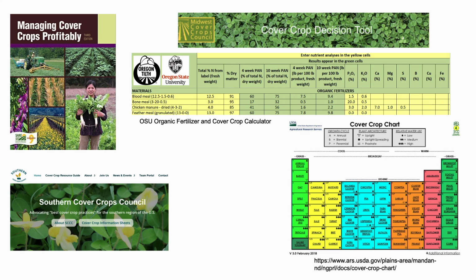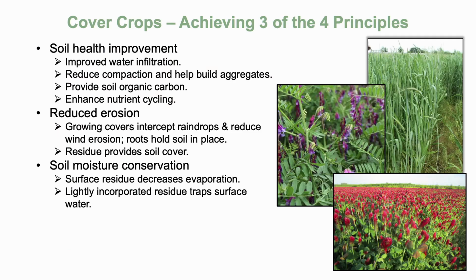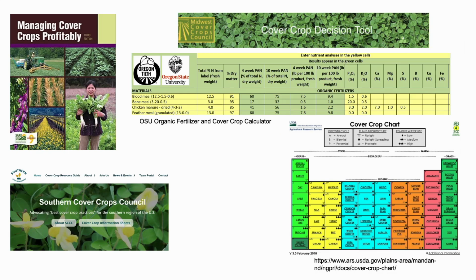So these guys put this together to say, okay, if you're growing this cover and you determine what the nutrient value is in that, what is the plant available nitrogen primarily that's going to be coming out of that crop? So it might be helpful to some of you. And you can find that. That's the Organic Fertilizer and Cover Crop Calculator, Oregon State.